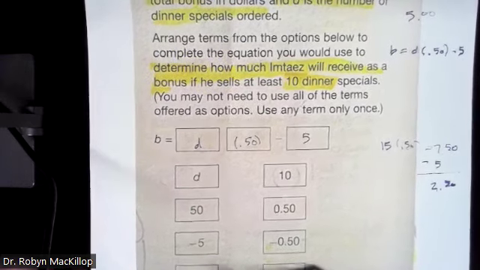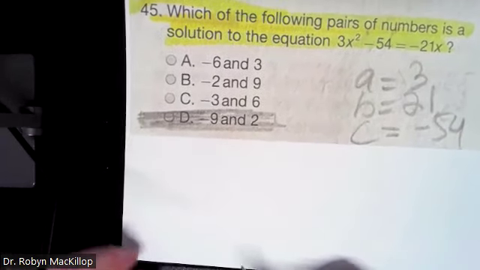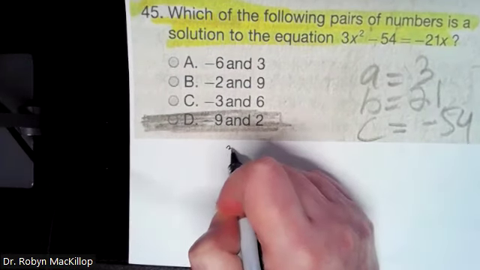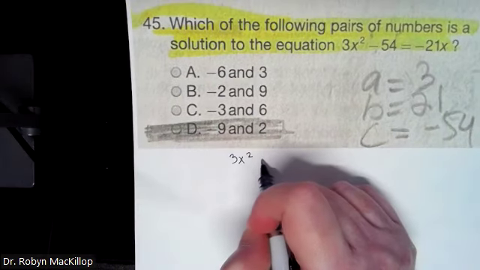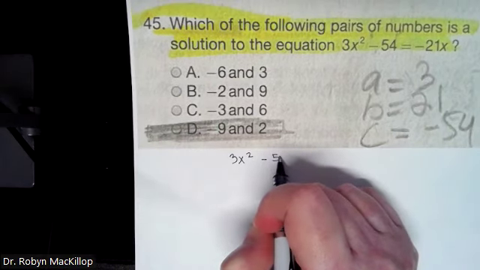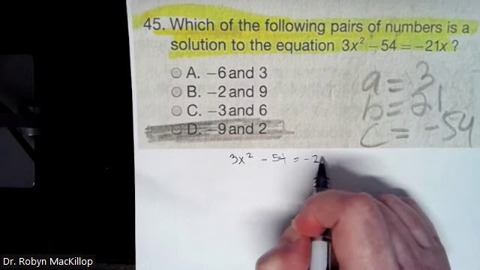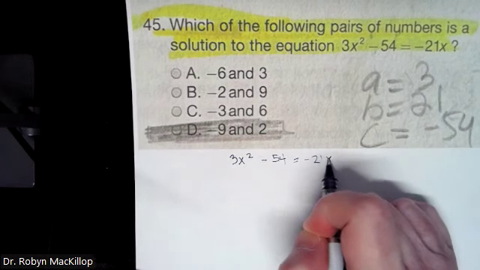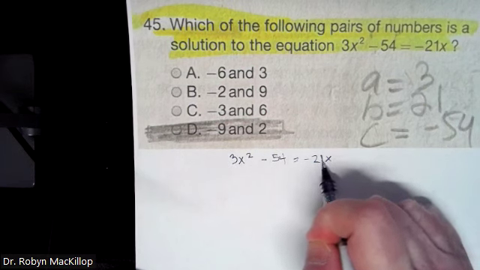All right, and then the last one is a quadratic equation. So we've got 3x squared minus 54 equals negative 21x. And this needs to be turned into quadratic form. That's a 1.